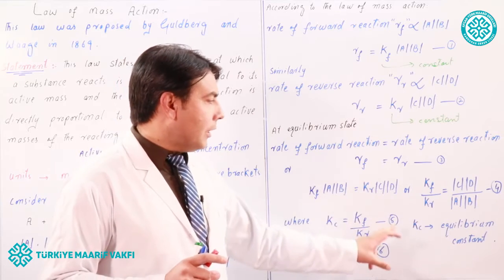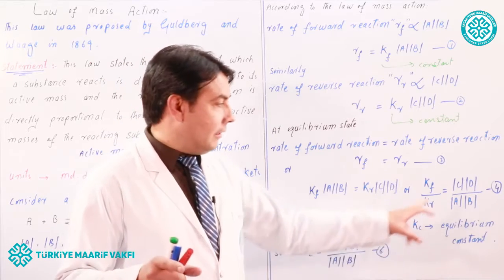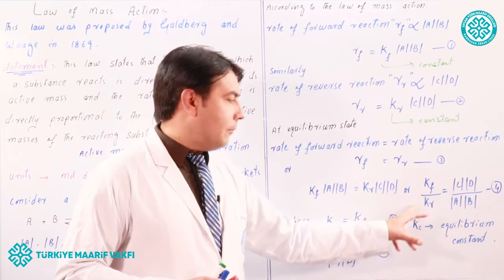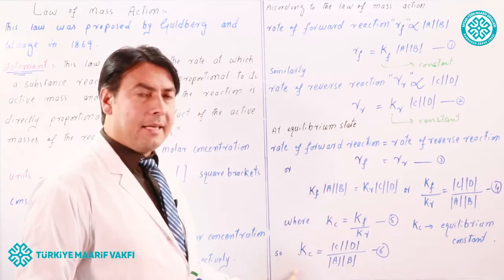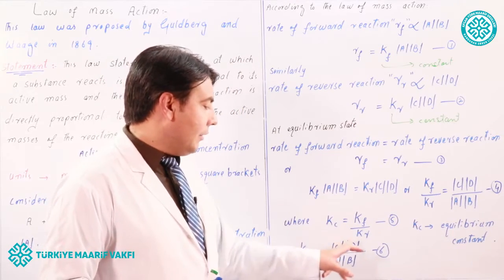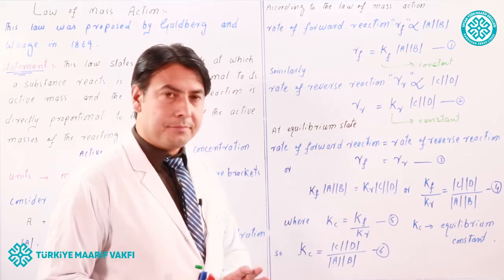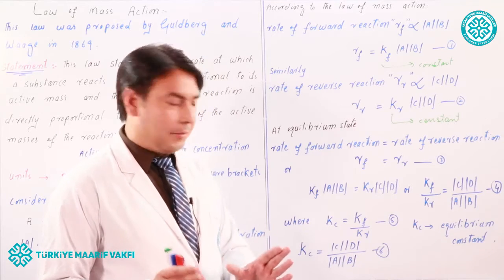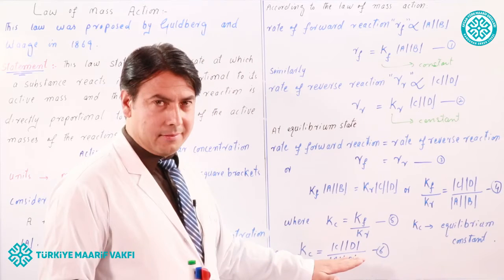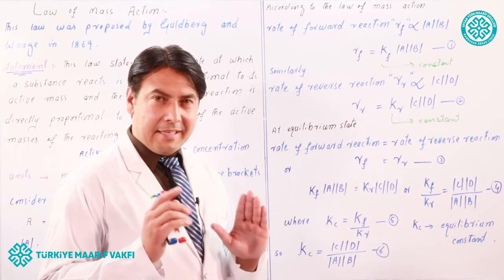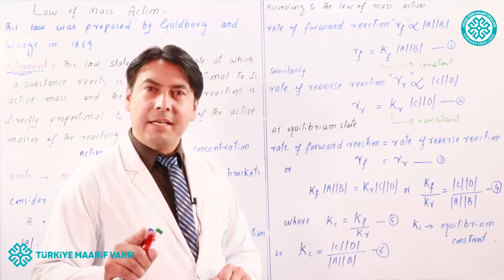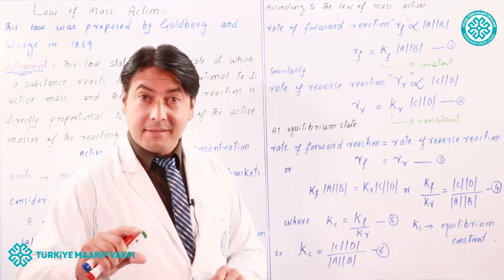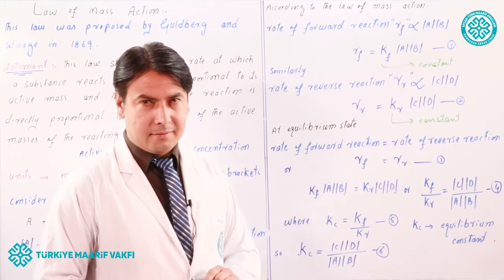So, put equation 5 in equation 4th. We will place Kc instead of Kf over Kr. So, Kc is equal to [C] into [D] over [A] into [B]. This is the expression for the equilibrium constant, which indicates that the rate of the reaction depends upon the active masses of the reacting substances.